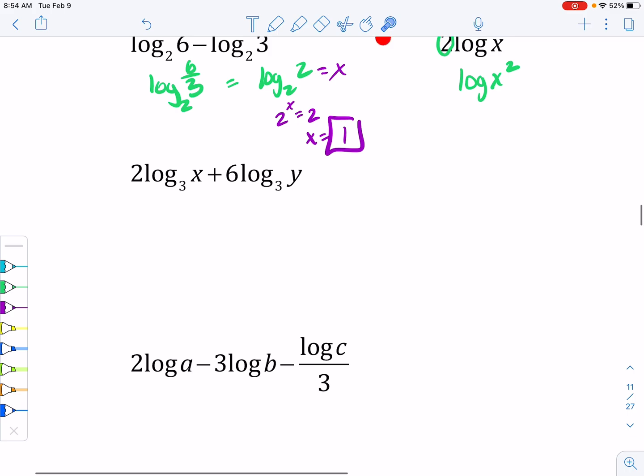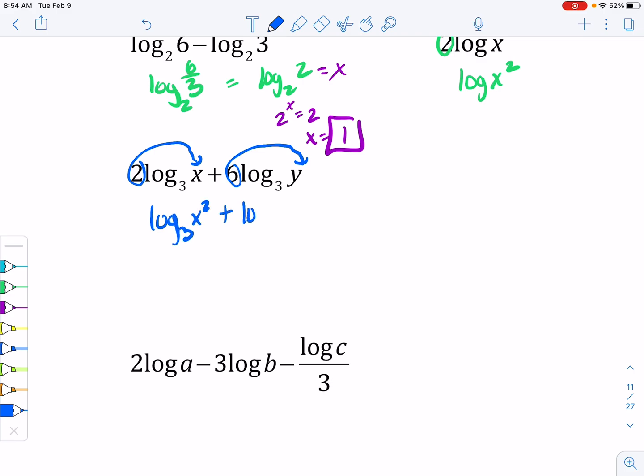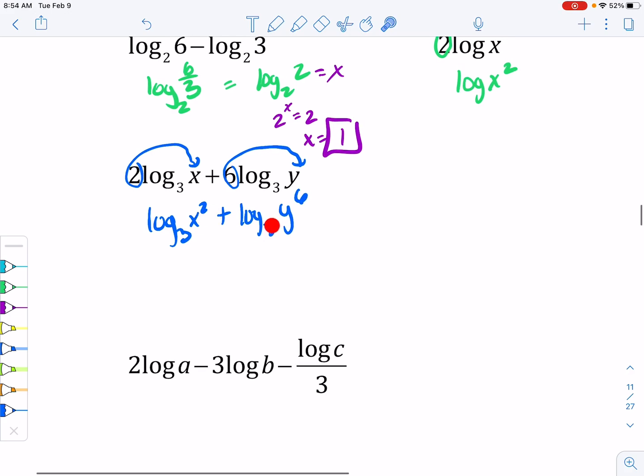So for example, this has both numbers in front and 2 logs being added. So the numbers in front go to the powers. So I can write this as log base 3 of x squared plus log base 3 of y to the 6th. But when we have 2 logs being added, we can combine it or condense it down to 1 log.